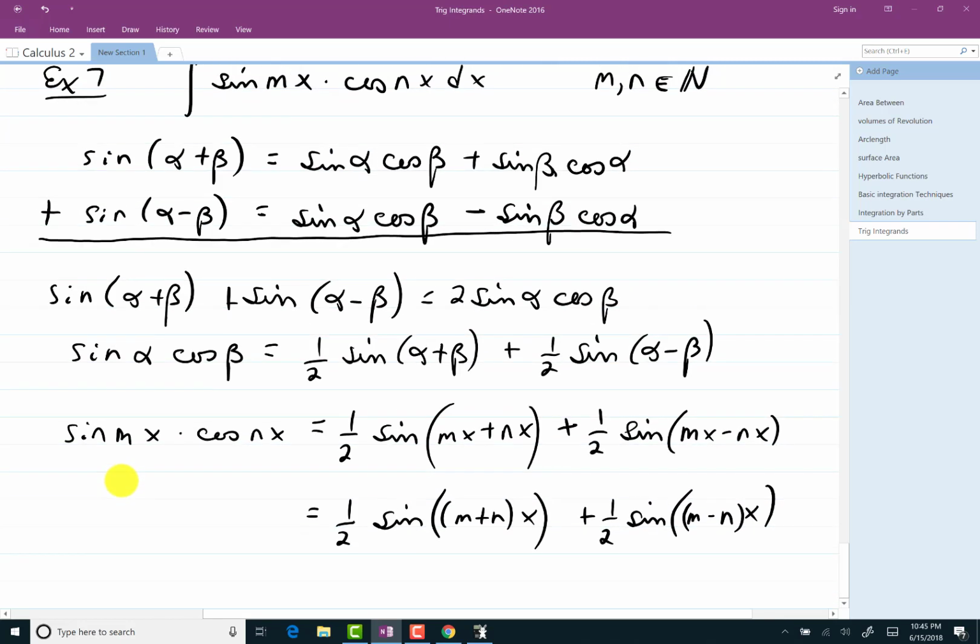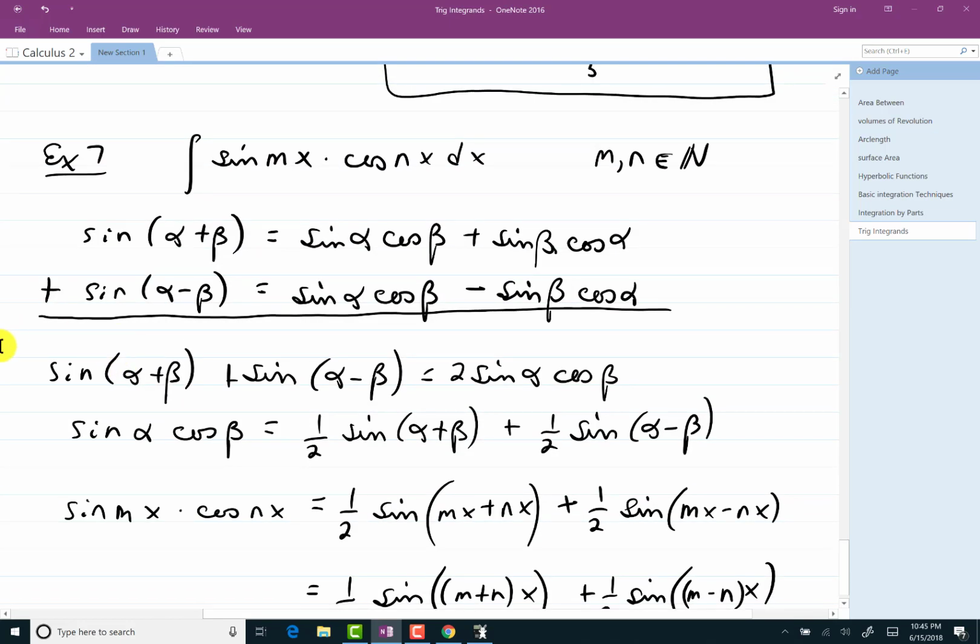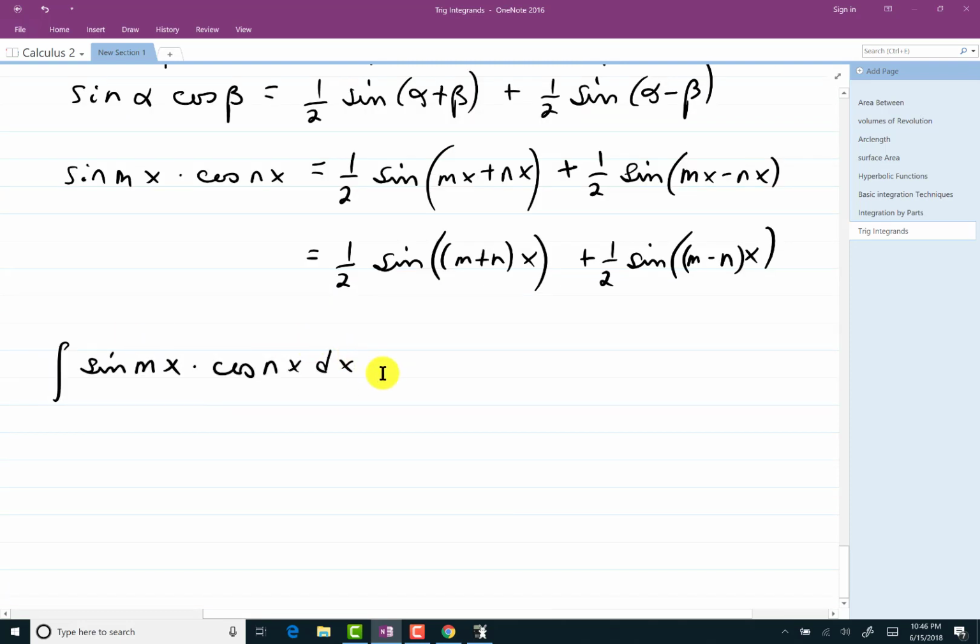So let me have my integral back. So this is going to equal, I'll pull the 1/2 out front of the integral. So I have sine of m plus n x plus sine of m minus n x dx.